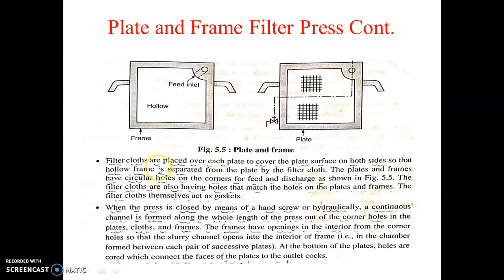And the filter cloth, that means the filter medium, is placed over each plate. So you have to place the filter cloth here on both sides. So on this side and the back side also you have to provide the filter cloth, and every plate you have to separate by the hollow frame.